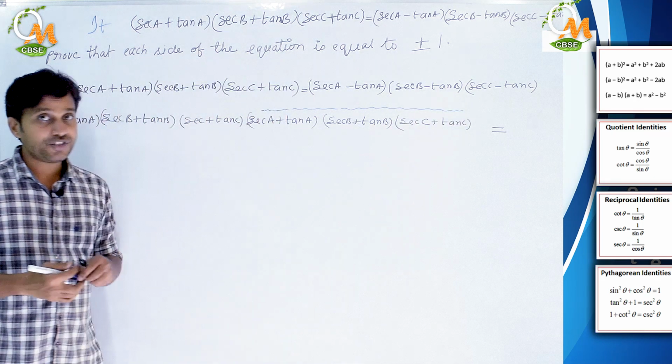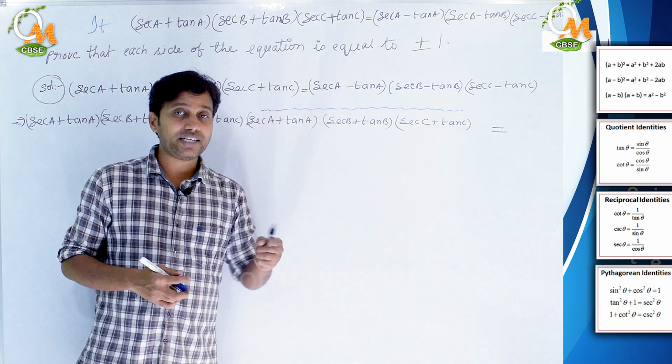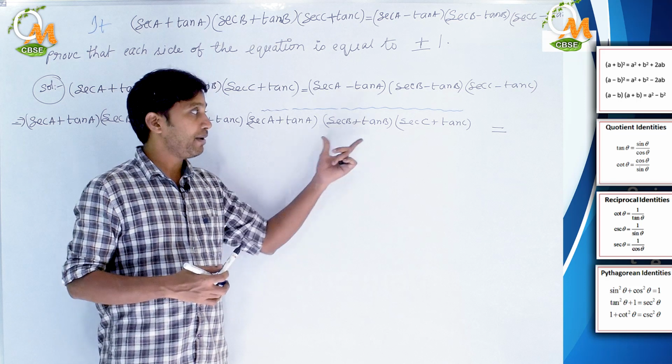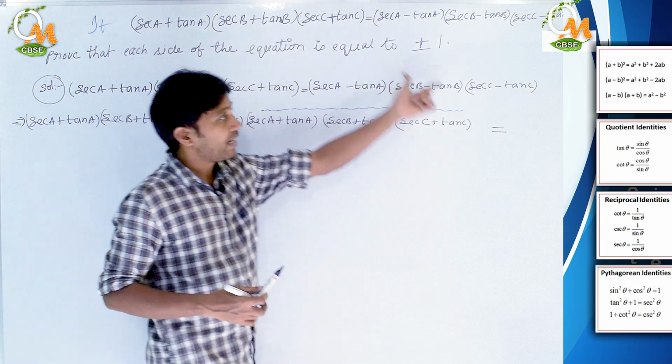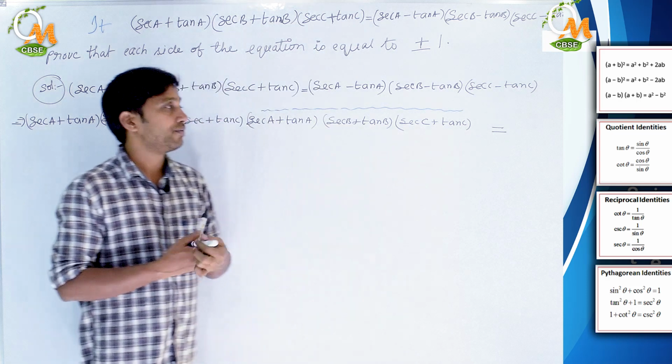So will the value be changed or not? For balancing that, what we have to do? We need to multiply with the same expressions on the RHS part also. Let me do that now.